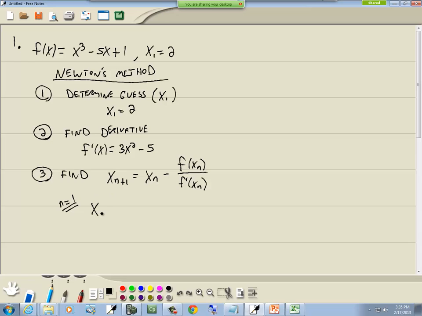Then this would be x sub 1 plus 1, and then x sub 1 minus f of x sub 1 over f prime of x sub 1. So I'm just going through, and everywhere I have an n, I'm putting 1 in. So then that gives us x2 is equal to x1, which we said was 2 up in step 1, minus f of 2 over f prime of 2.